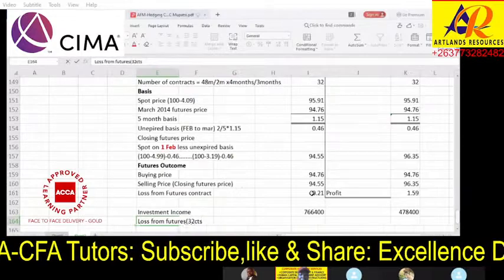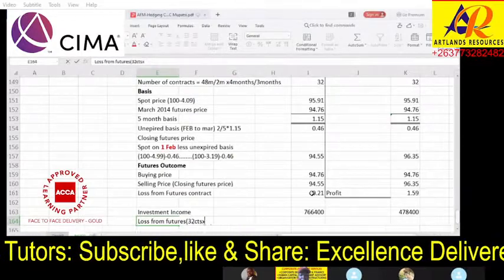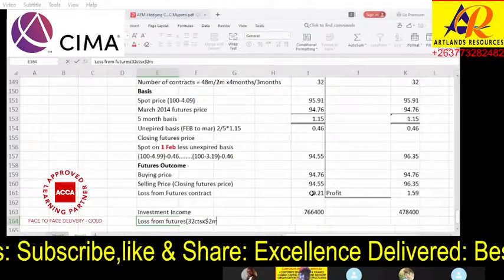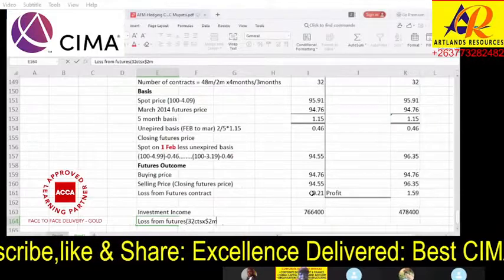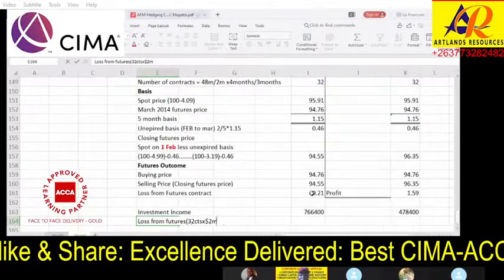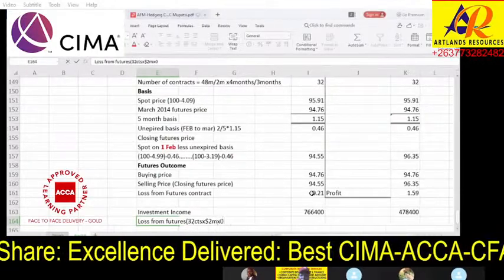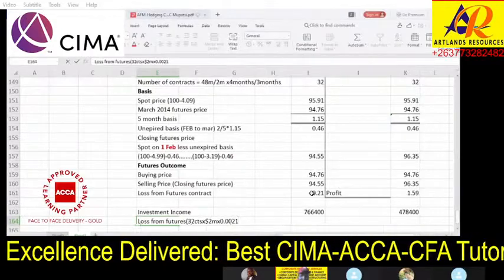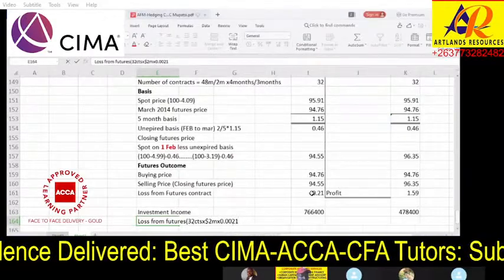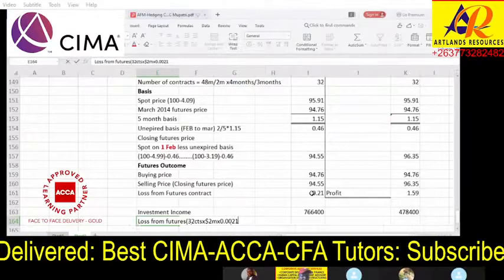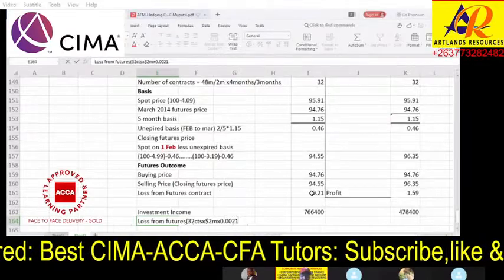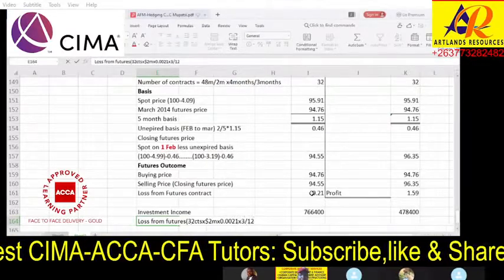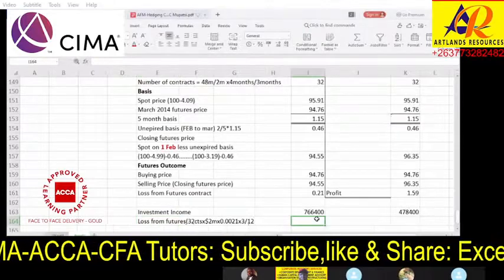Each contract is of what size? Each contract is of 2 million. And the loss was how much? The loss was 0,0021. I have now put percentage. And the contracts are for how many months? The contracts are for 3 months. 3 over 12. So here I get my loss here.